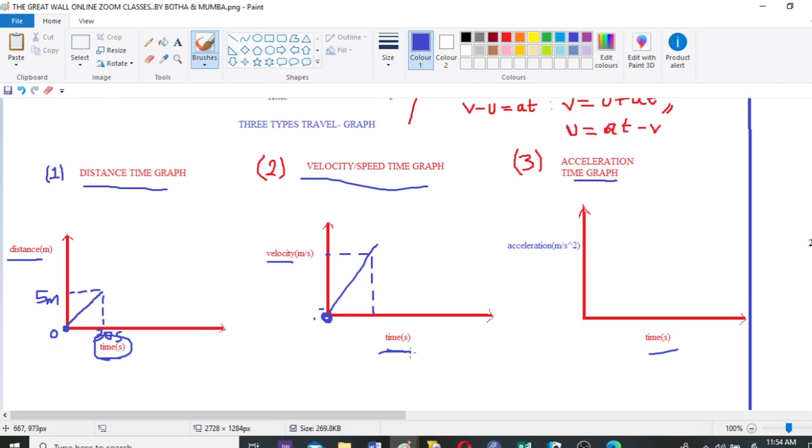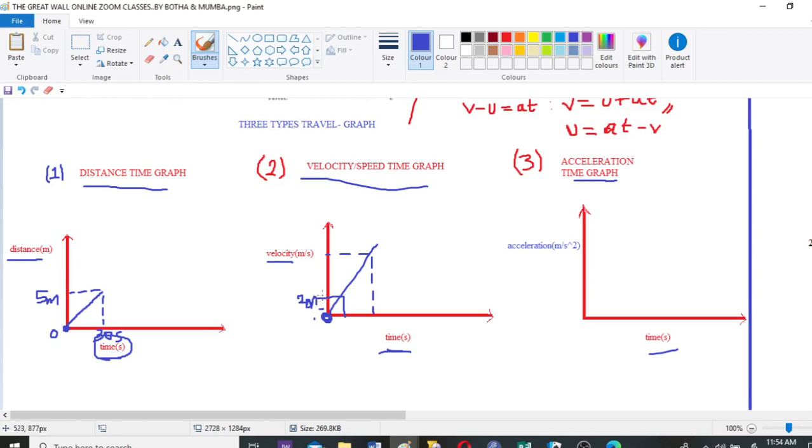Okay, now under the same velocity, let's say an object starts moving, and as it reaches somewhere here, the object increases its speed. Let's say from here the object is traveling at 2 meters per second.